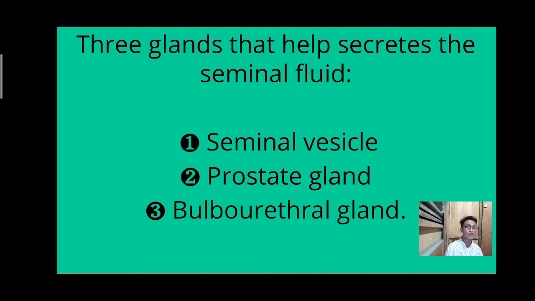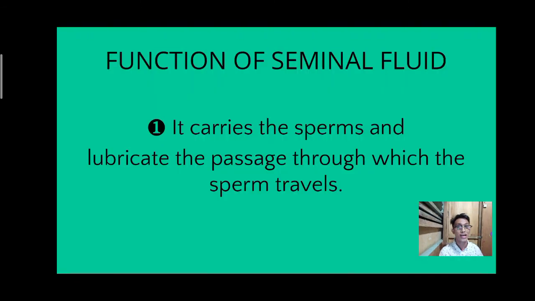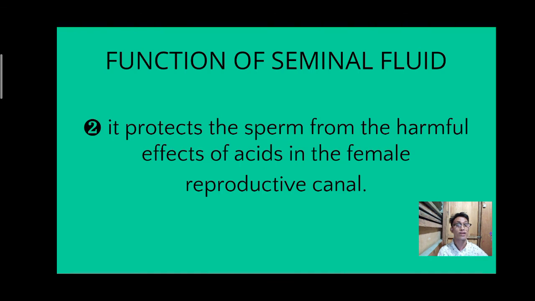So these are the three glands responsible for the seminal fluid. We also have the functions of seminal fluid. It carries the sperm and lubricates the passage through which the sperm travels. It protects the sperm from the harmful effects of acids in the female reproductive canal.